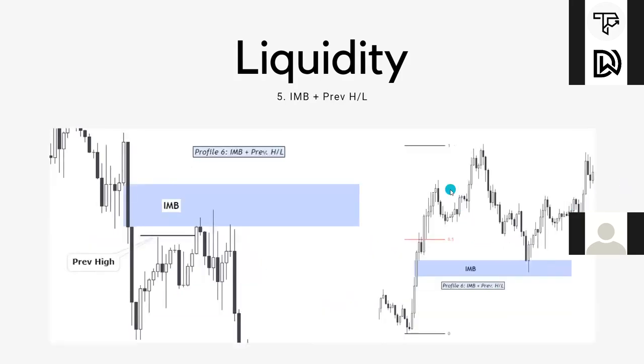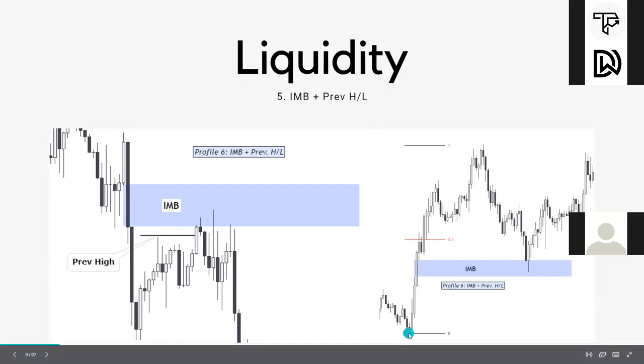Next one, imbalance and previous high low. This is a characteristic mostly found on GU. We've talked about this for quite some time, where liquidity on GU is often found in imbalances. It is also important to note the range that we're trading within.